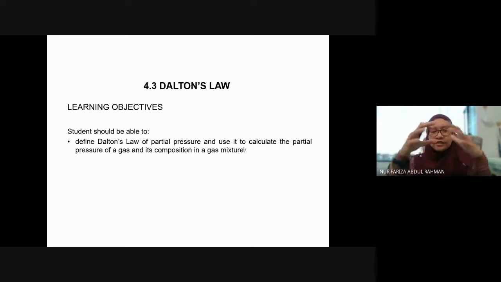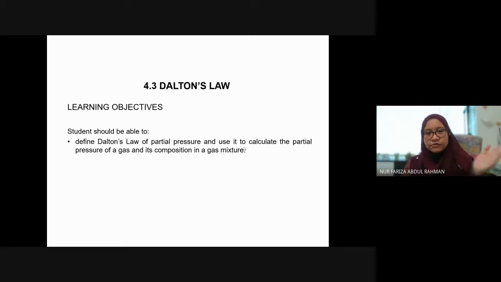So in the vessel ada CO2 saja. Other than that dia tak mention lah. So kita boleh assume that the only gas present in the container is CO2 for example, is oxygen. Semua single gas sahaja.